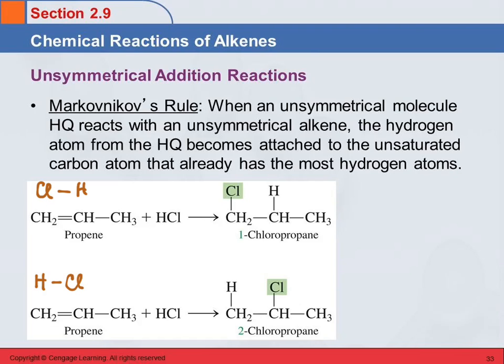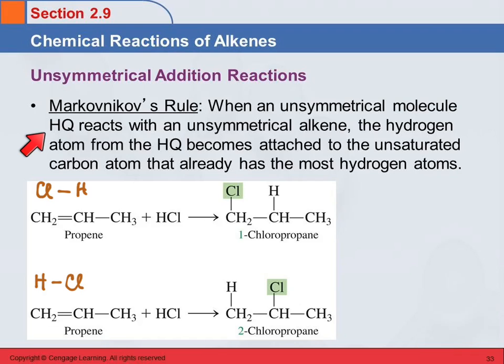They don't happen in equal amounts. When you do this reaction, one of them is preferred over the other. And we're not going to get into predicting how much, but we have this general guideline called Markovnikov's rule. Markovnikov was a Russian scientist who figured this out.